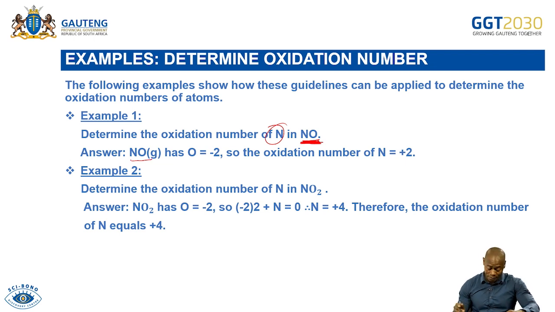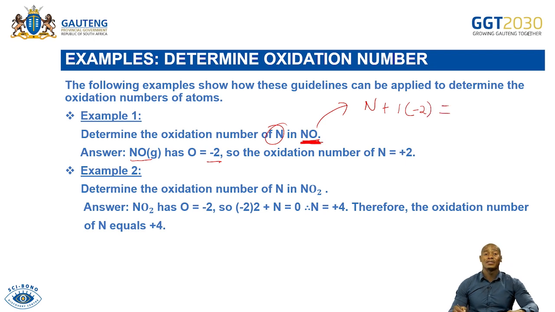Nitrogen monoxide, right? So the oxygen has an oxidation number of negative 2. And then how are we going to get the oxidation number of nitrogen? It's going to be nitrogen plus oxygen. How many oxygen atoms are we having here? It's 1, and the oxidation number is negative 2.